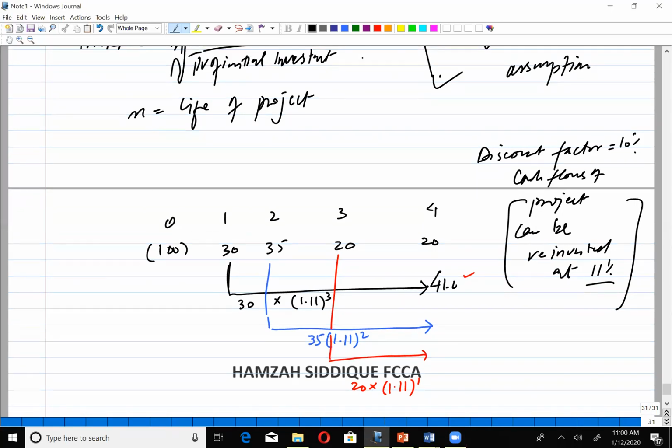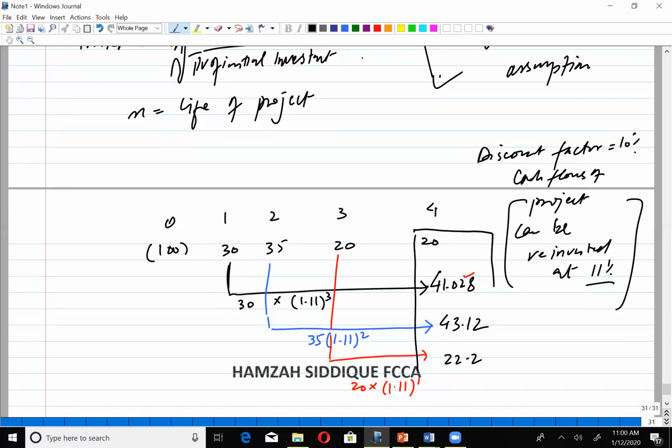Okay. Now here, 35 into 1.11 raised to power 2. What is the answer here? 43.12. And the last one, 20 into 1.11, 22.2.